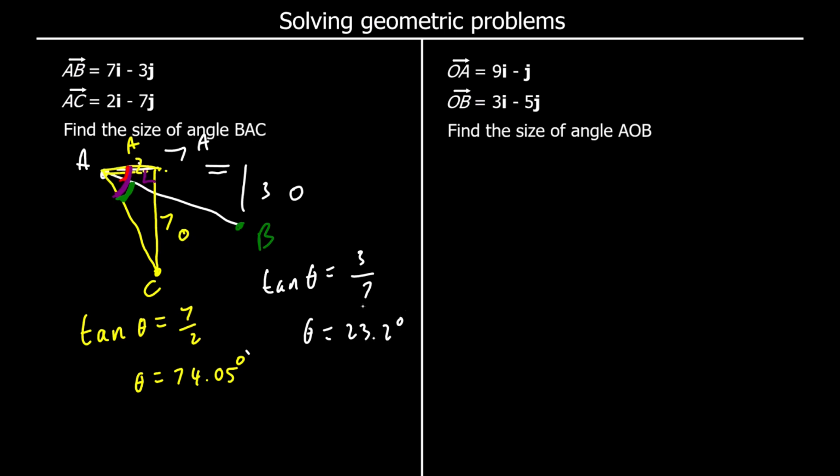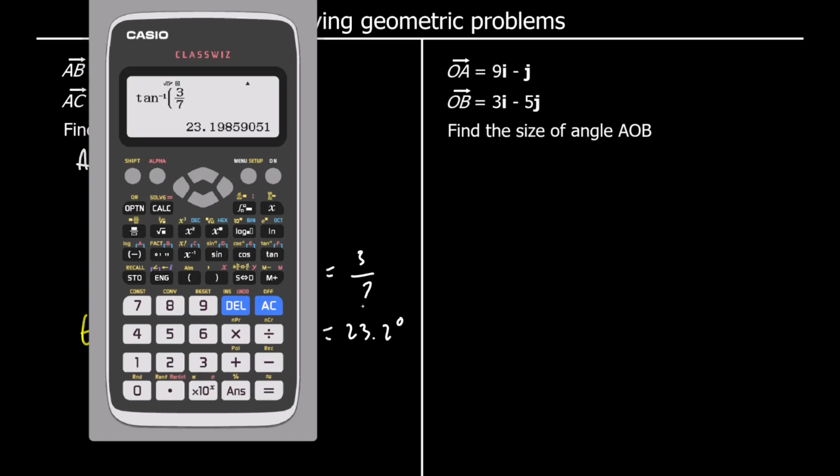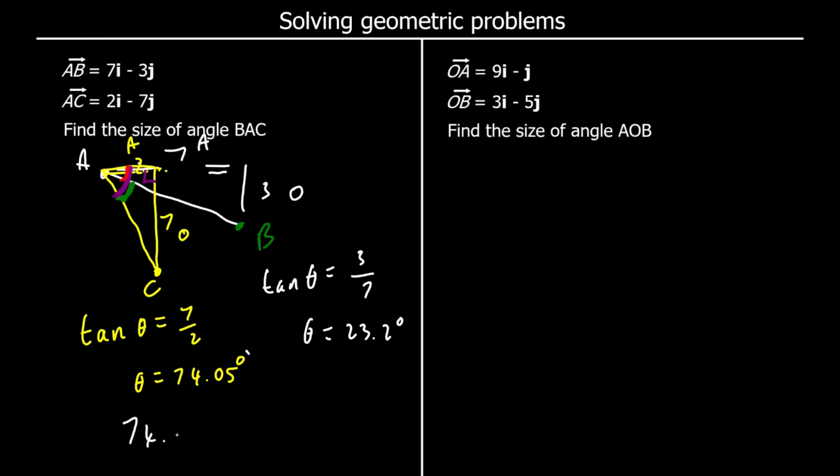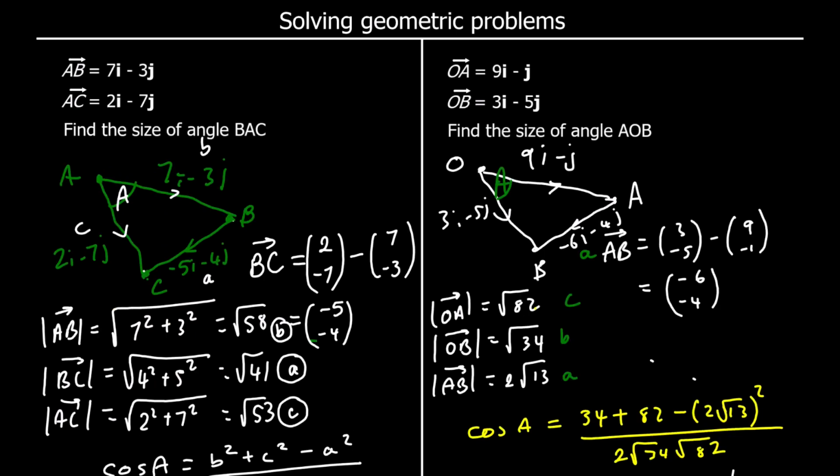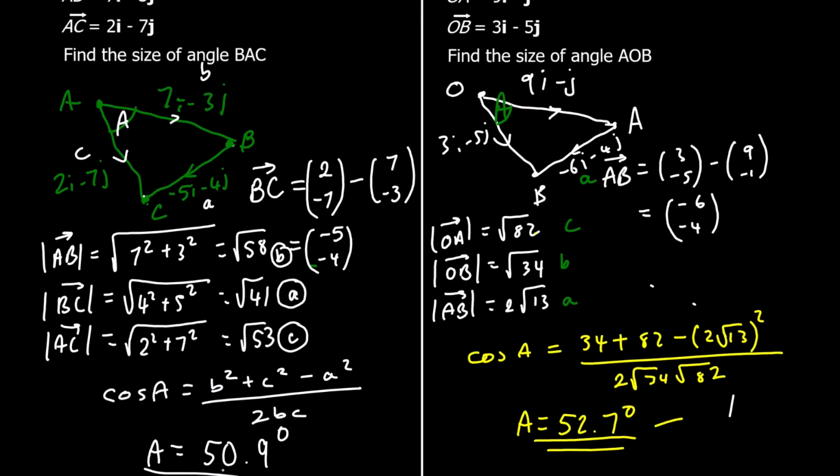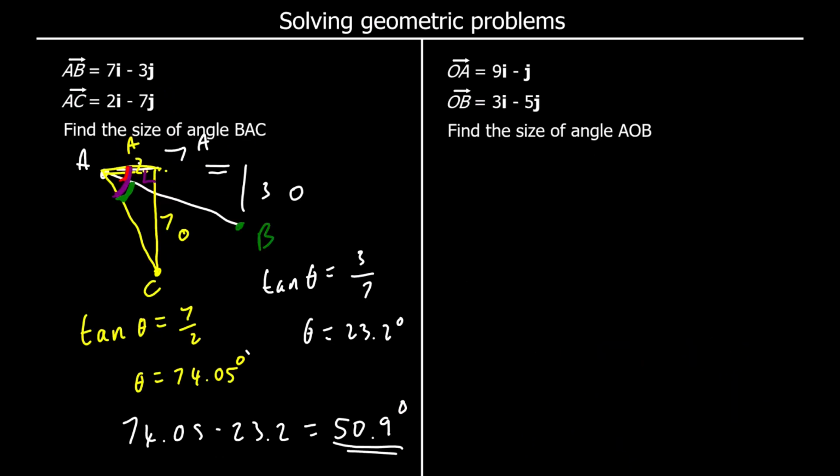And if we do the big one, take away the small one, so that was A, take away our last answer, we get 50.9. And that was the same as using the cosine rule. If you want to try, have a go at doing it this way, pause the video and give it a go.